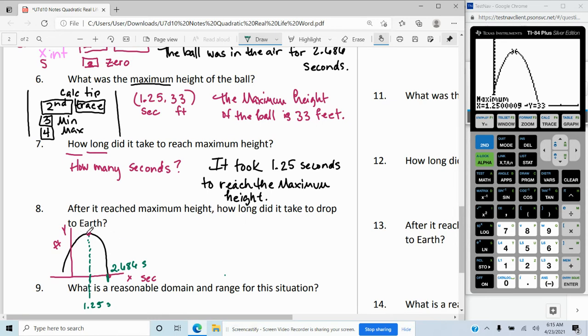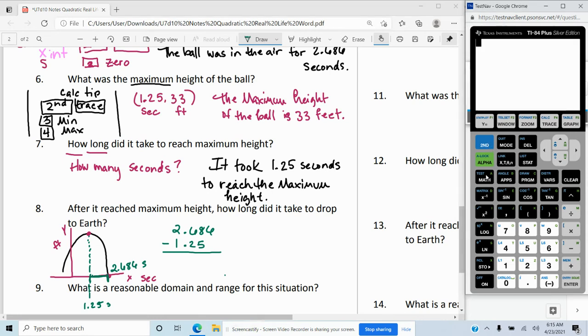How long did it take to drop to the earth? They want to know from here to there, right? What's the difference? Well, in order to take the difference, you take the second number and you subtract the first number, right? So that's going to be 2.686 minus 1.25. And I'm going to put that in the calculator. So I'm going to quit to get out of the graph.